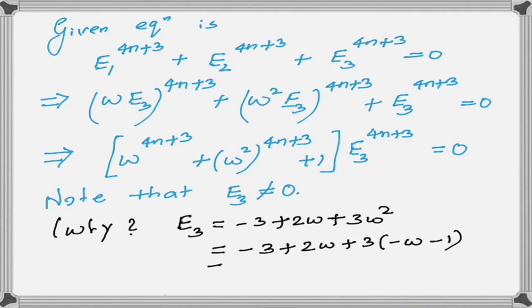This gives that E3 is equal to minus 6 minus omega, which is not equal to 0 because the imaginary part of omega is non-zero, whereas the imaginary part of 6 is 0.